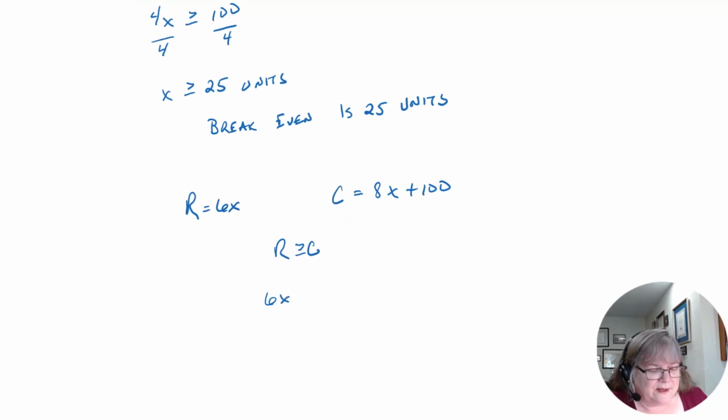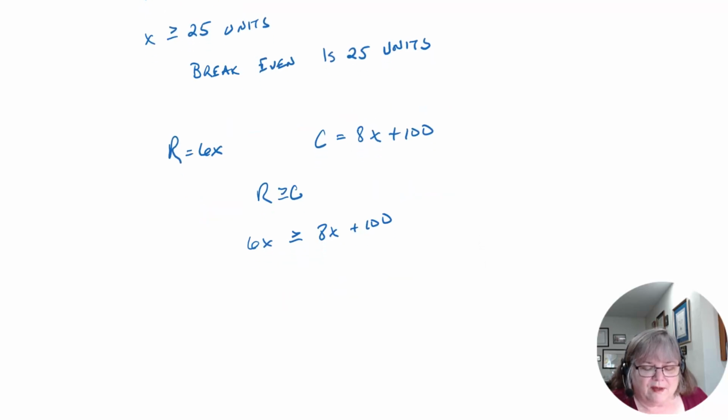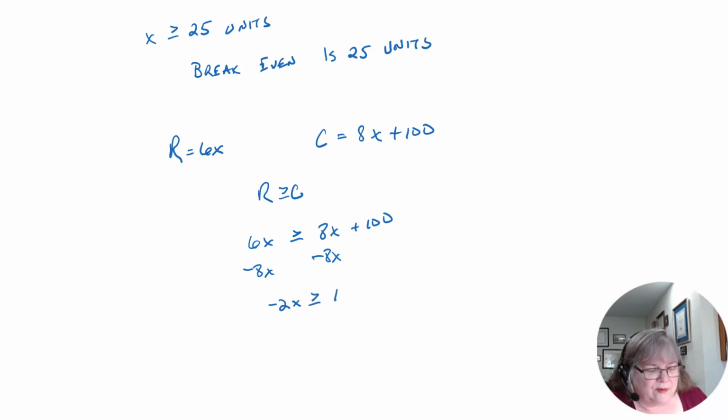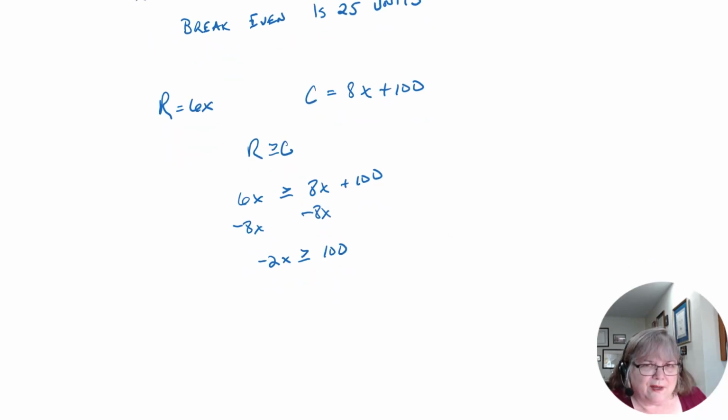So 6x is greater than or equal to 8x plus 100. Subtract 8x from both sides. Negative 2x is greater than or equal to 100. Now at this point, you're like, wait, what's the negative 2? And when you divide by negative 2, you'd have x is less than or equal to negative 50.